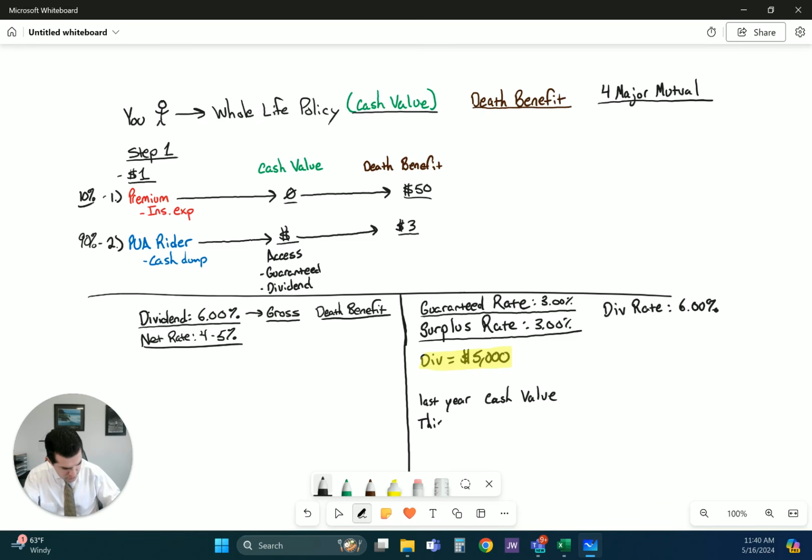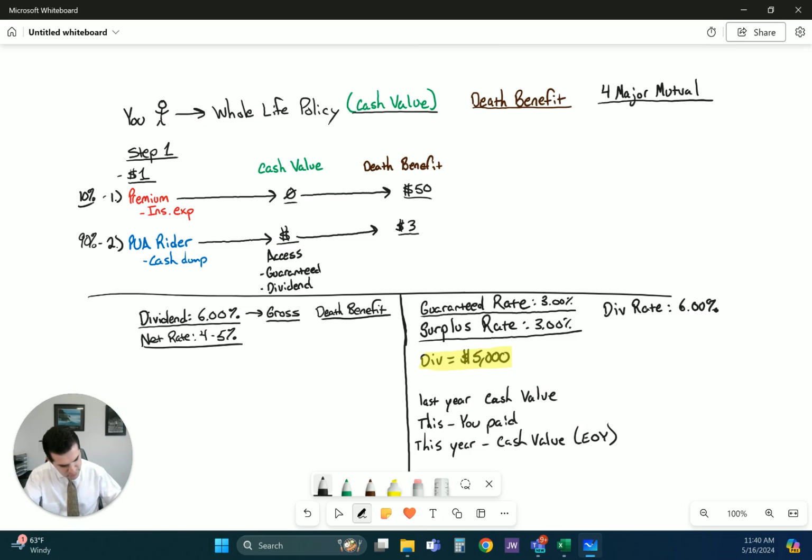This year, how much you paid, so money going in. And then this year, what the cash value will be at the end of the year. Cash value, end of year.